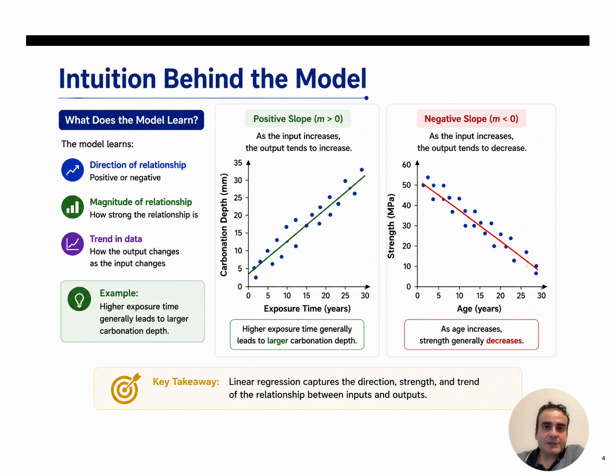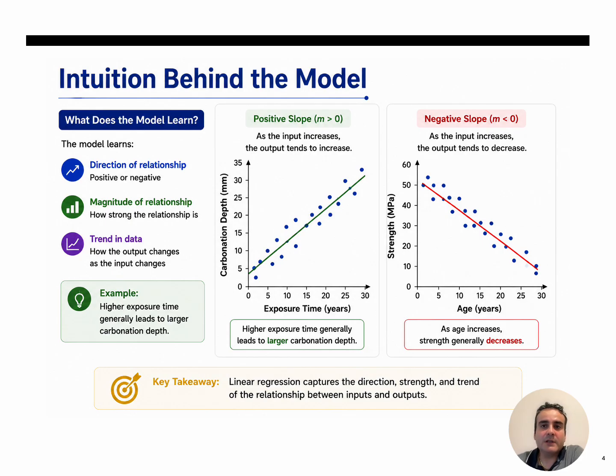This slide explains what the model learns. Linear regression identifies three important items: the direction of the relationship, the magnitude or the strength of the relationship, and the overall trend in the data. A positive slope means that as the input increases, the output also increases.